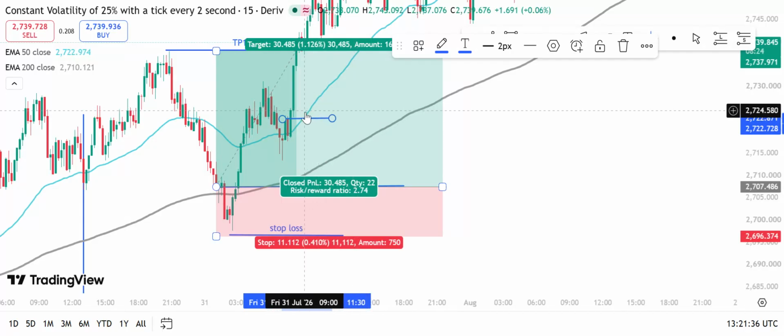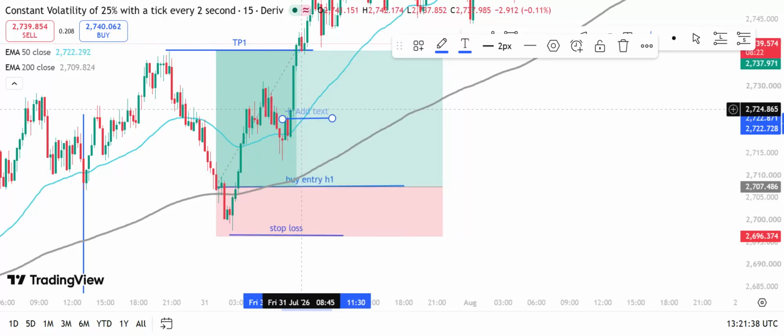Now when you've entered your buy here on 15 minutes, buy entry here, I've got caps lock. Okay, buy entry 15 minutes. Okay, then our stop loss for 15 minutes is here.